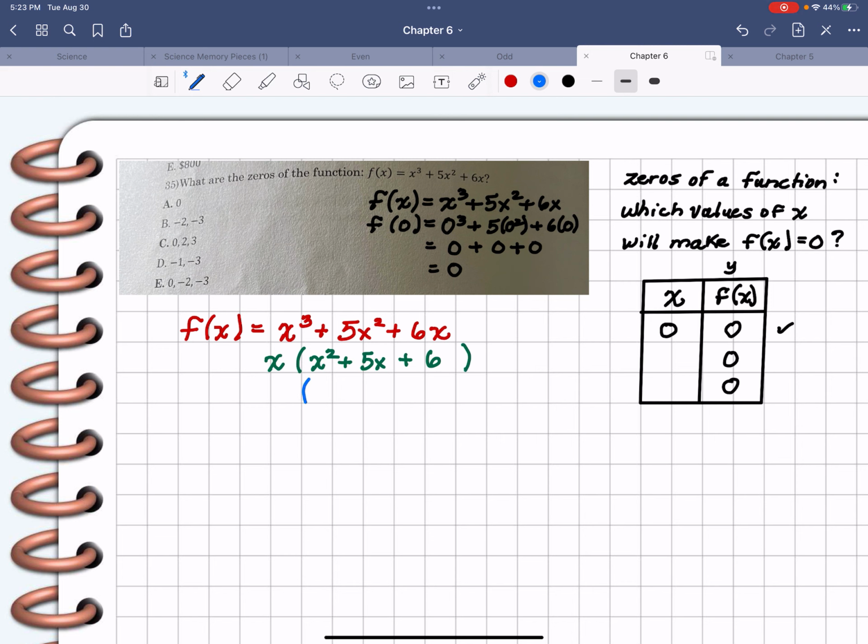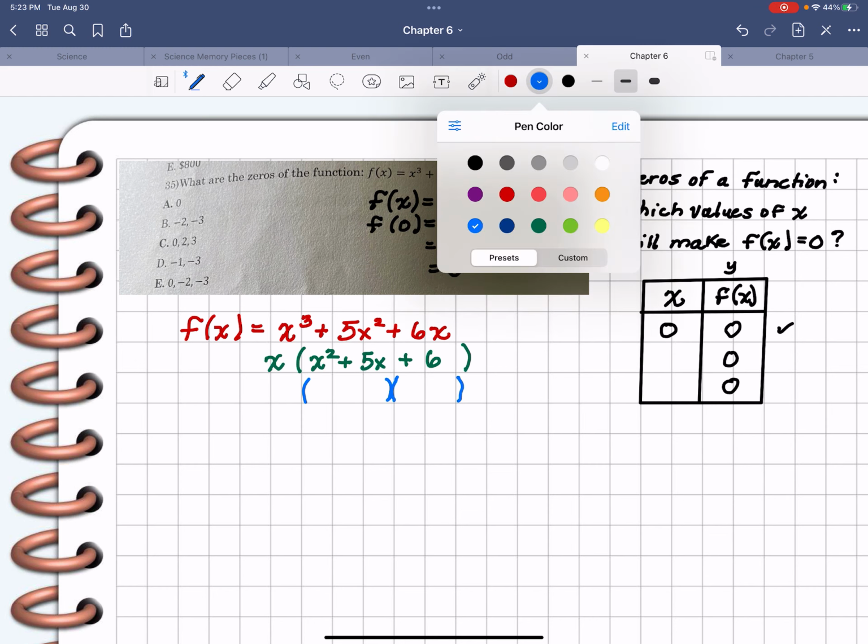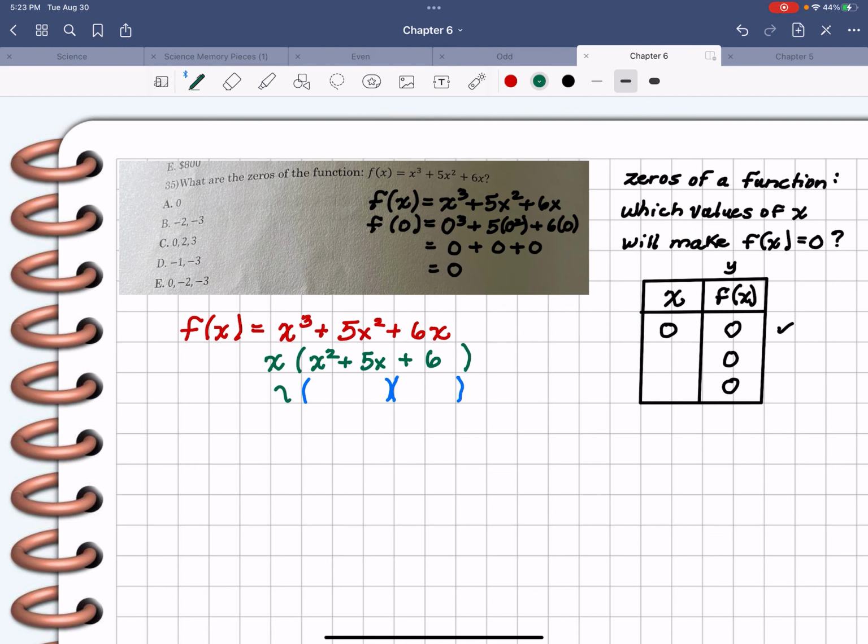So I'm going to take this trinomial and turn it into the product of two binomials. Now don't forget about this little guy sitting out there in the front. We're going to use that in just a minute. But to do this one, we need to find ways to multiply to get 6.